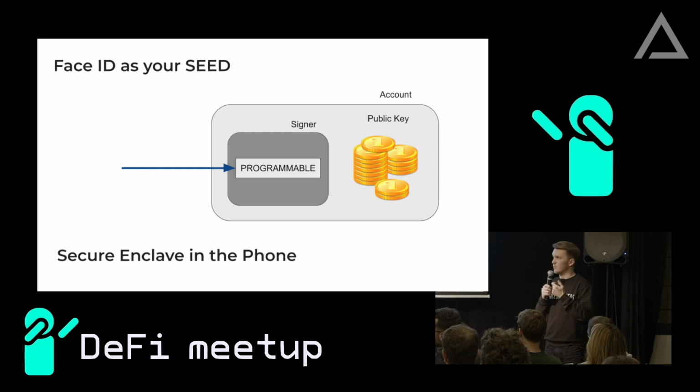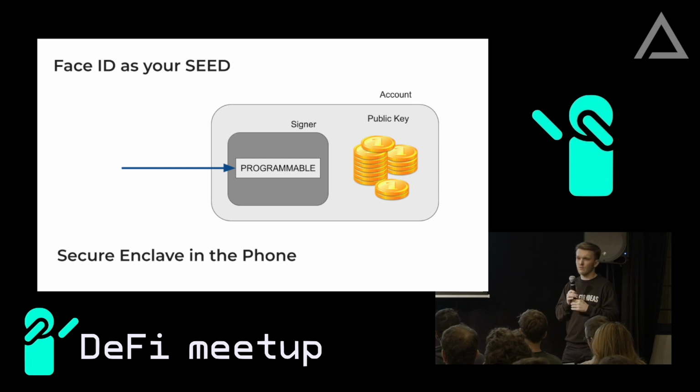You will connect it with your Face ID and the security enclave in your phone, and you will not see any seed phrase, any password, nothing like that. It's going to be your phone. If you use your iPhone, you trust Apple. You can use Apple's recovery system. If you have a Mac or an iPad and you lose your phone, you can use your iPad to recover it.